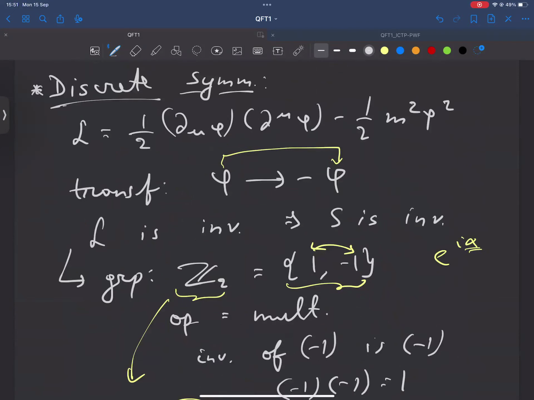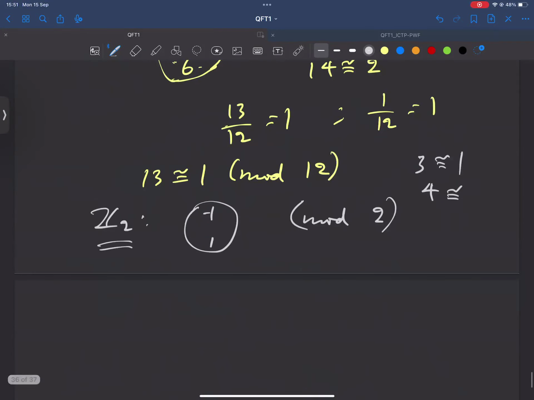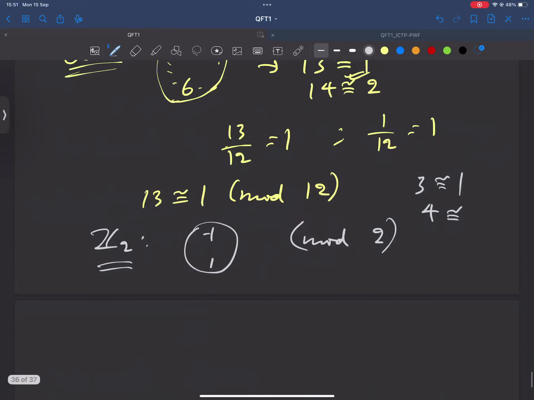So you just have a symmetry, but there is no analogous infinitesimal version of this. We have already seen this in the Lorentz transformation case, where we had the P transformation, the T transformation, and all that. So that's an example of some symmetries of the Lagrangian, continuous and also discrete.